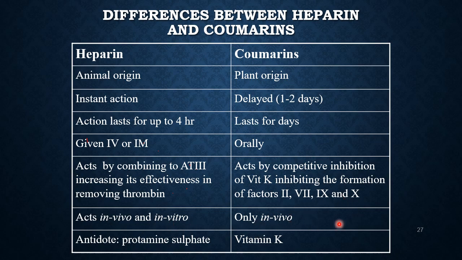The coumarins only act in vivo. Now, an antidote to heparin: when we no longer want the anticoagulating effects of heparin, we give you protamine sulfate. For the coumarins, we just give you vitamin K. Okay, you'll be good to go. That's the antidote for the two.